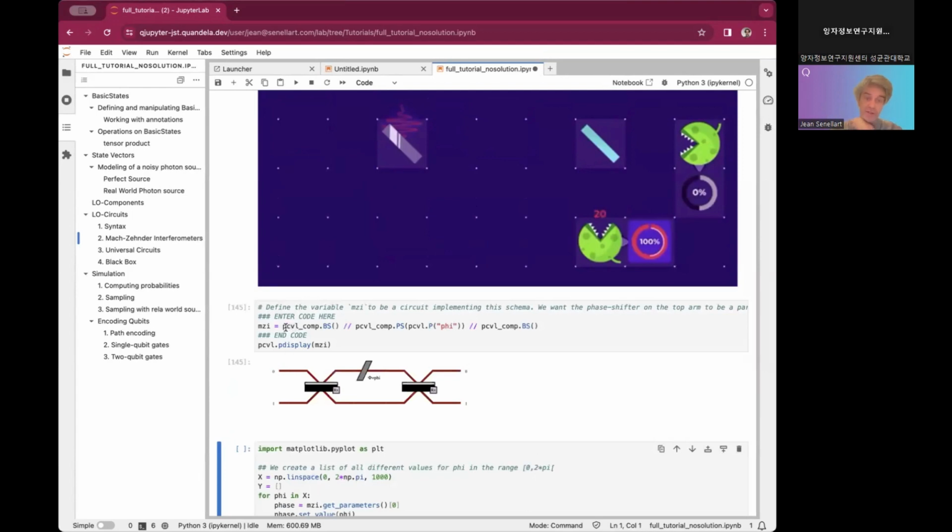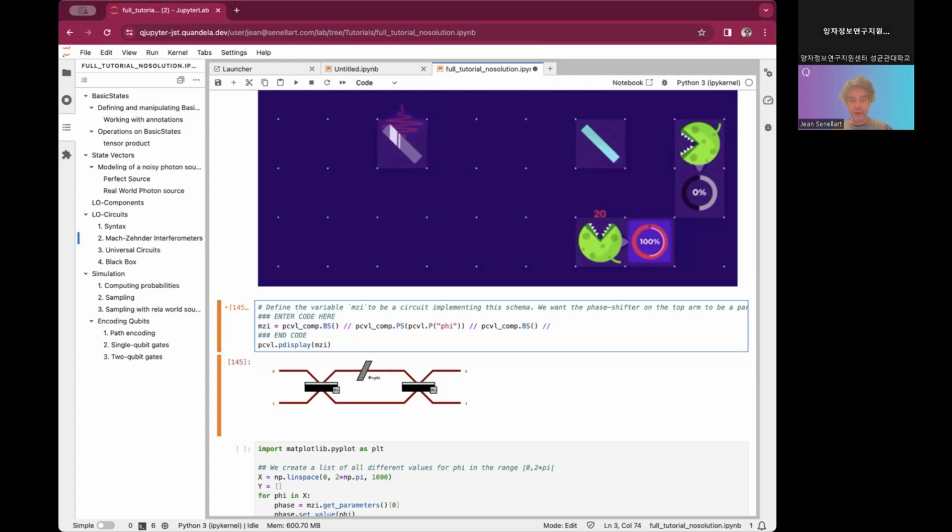And why? Because pcvl.comp.BS, I told you yesterday, is a component, but any component is already a circuit. So as soon as you combine components, it makes a circuit. Where you need to define a circuit is if we wanted to have 3 modes.